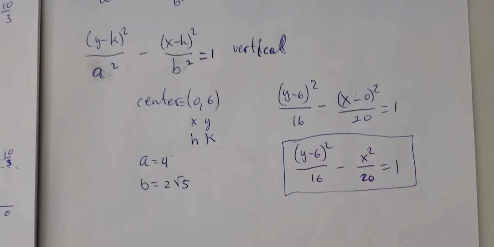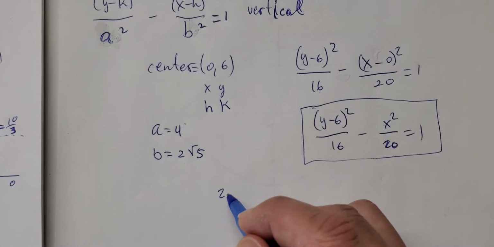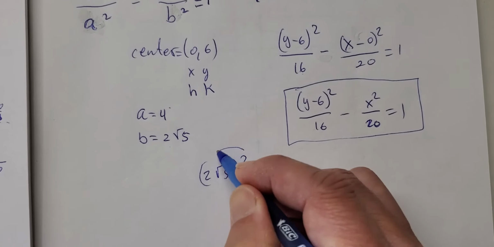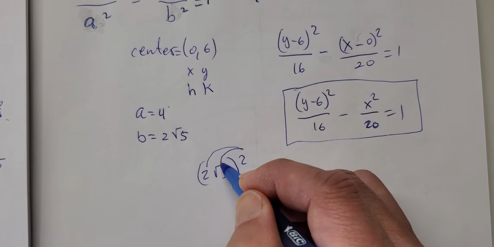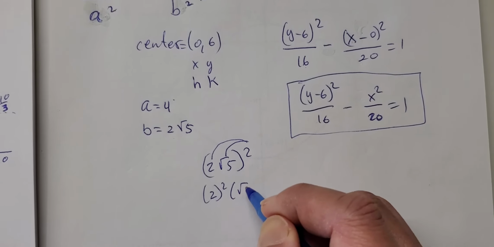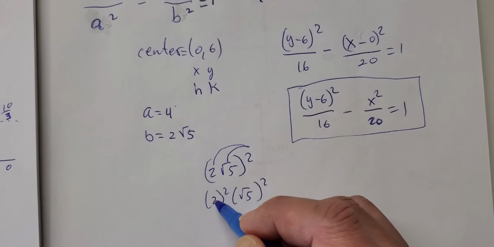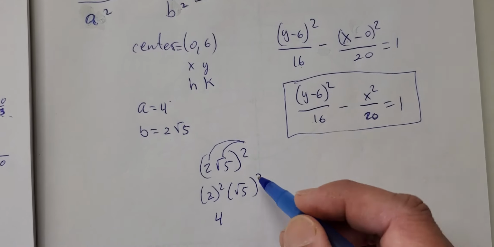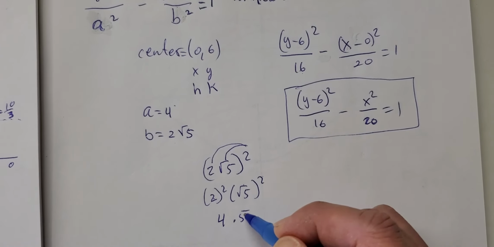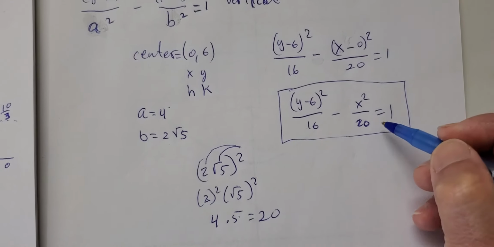If you remember the algebra, for 2 square root 5 squared, distribute the square. That gives me 2 squared times square root 5 squared, so 2 squared will be 4. Square root and square cancel out, I just have 5, so 4 times 5, 20.